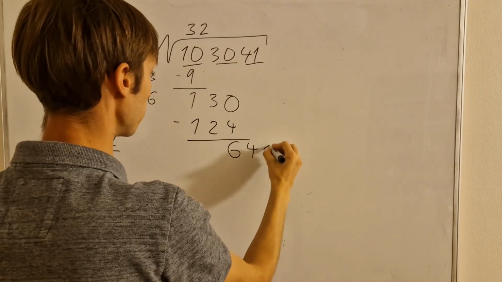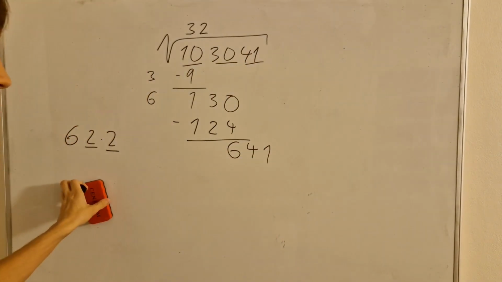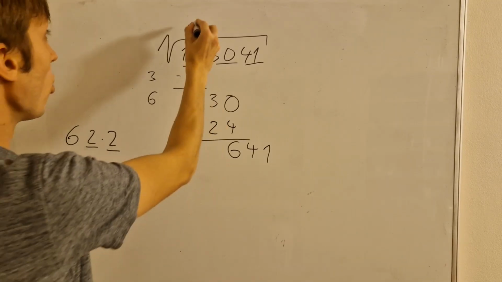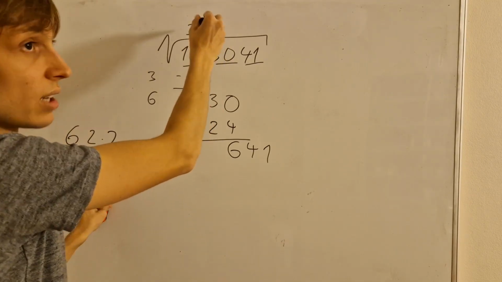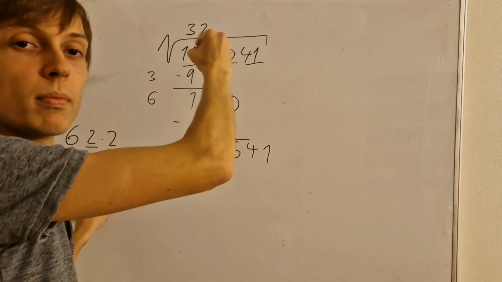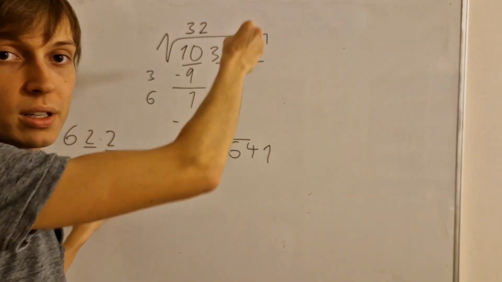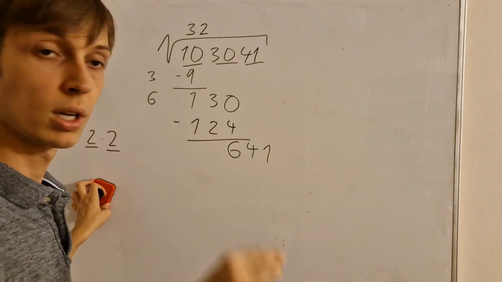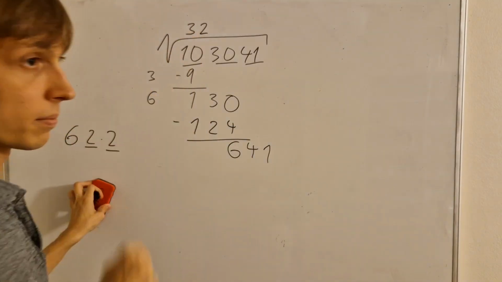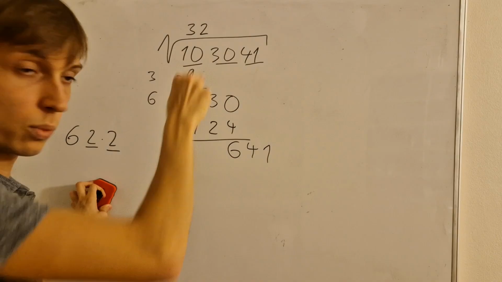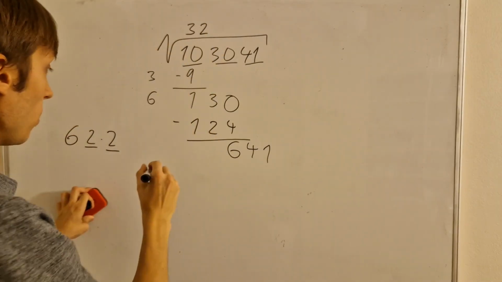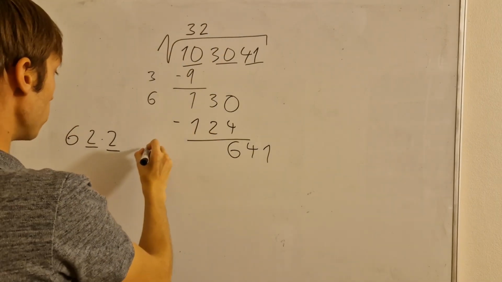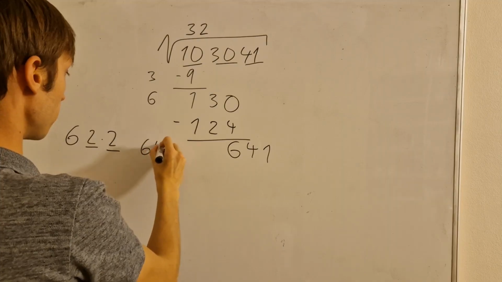So 4, 1. And now I will take the whole 32, so the whole part generated of the final result so far, and again multiply it by 2, just like we did to the 3 in the first step, a few steps ago. So take the whole 32 now and multiply it by 2, and I will put it here perhaps.